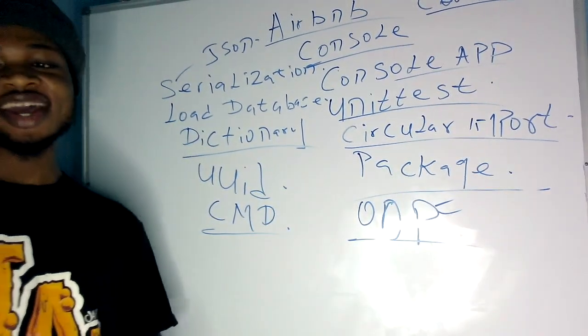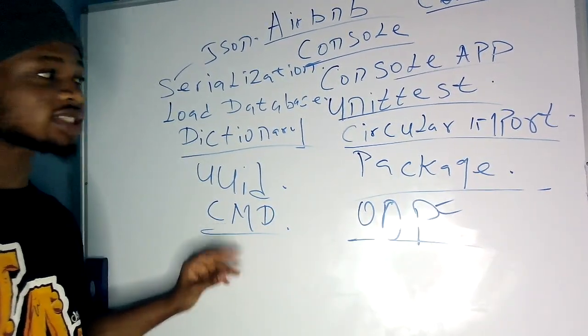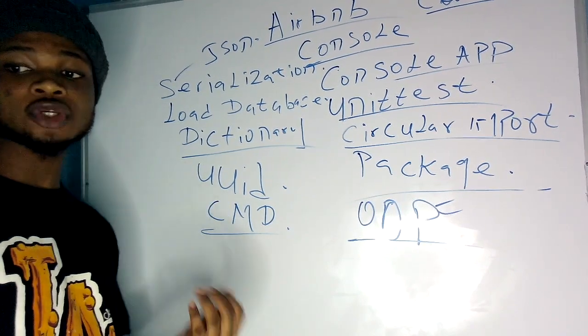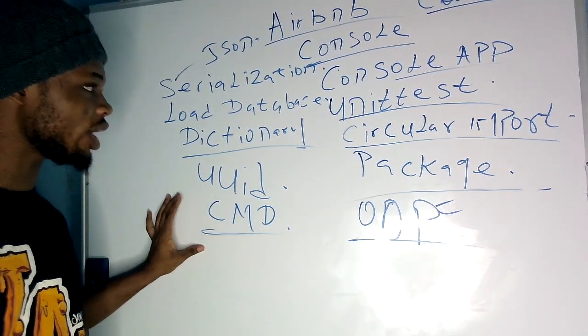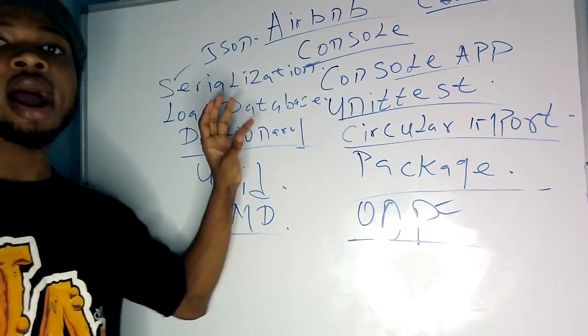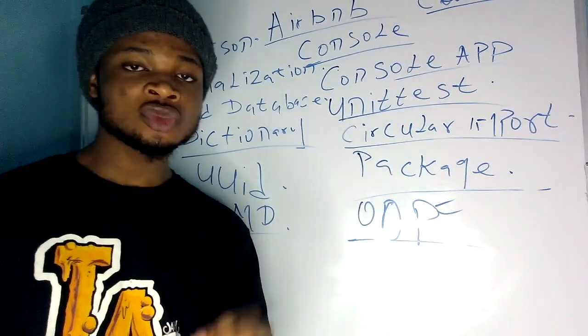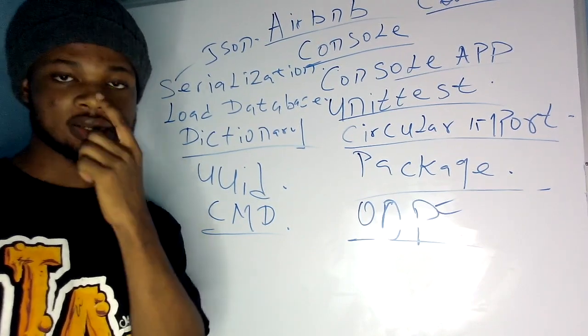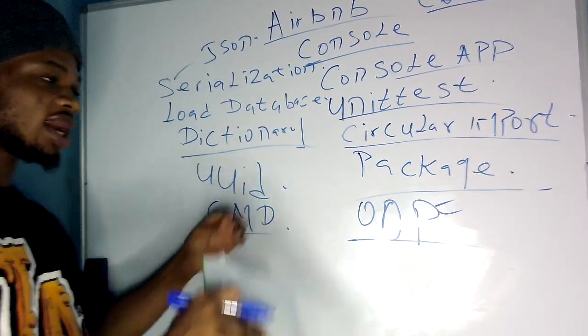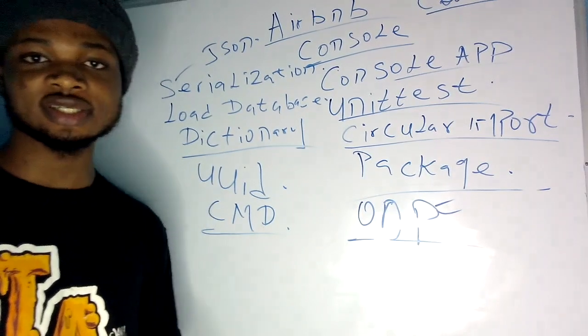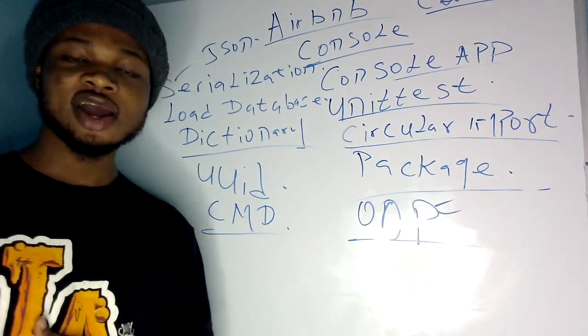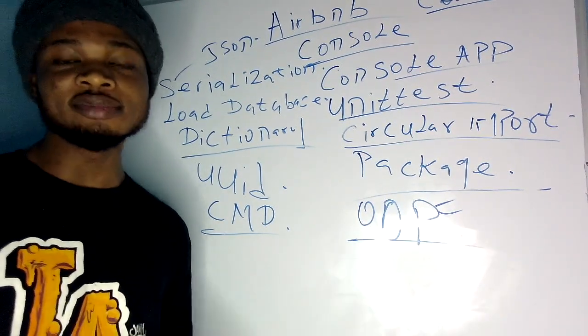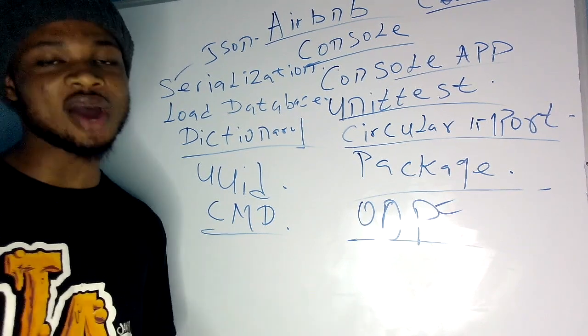Then last but not least, we talk about the CMD model, which is like the senior boy. This CMD model is just a model that helps us to interact with our objects in our database. Think of this CMD model as your MySQL shell that helps you to select star from users, or delete from users where ID is equal to 1.